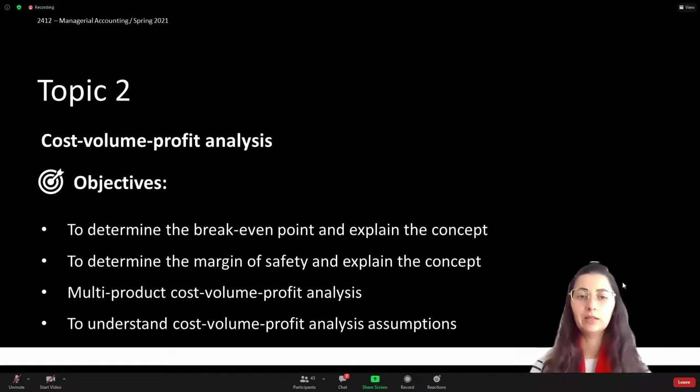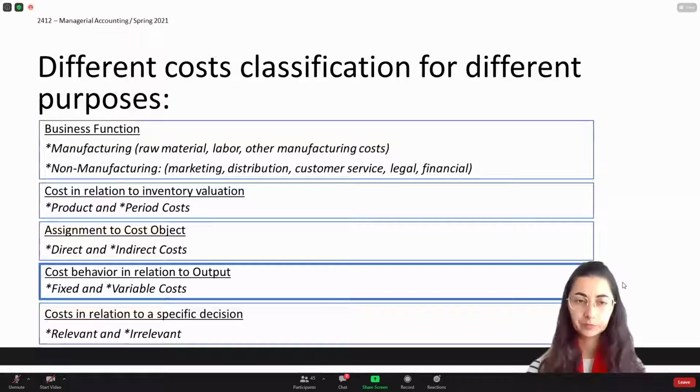This type of analysis is very useful for organizations to understand in terms of profitability, volume, and pricing how they should go forward. But it has important assumptions. So we will be understanding these assumptions because this is really important for the future, when you do this in organizations.